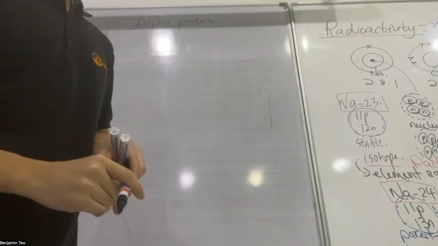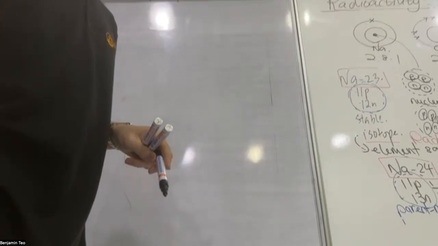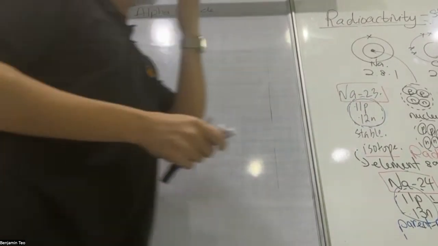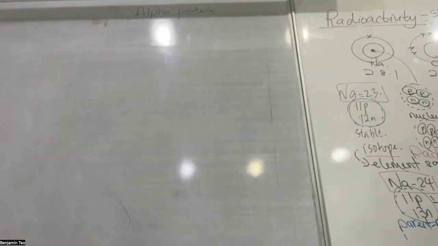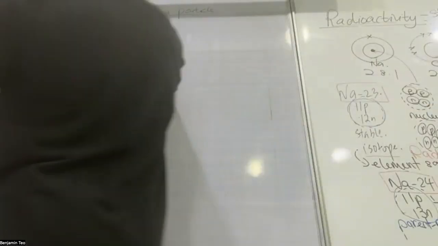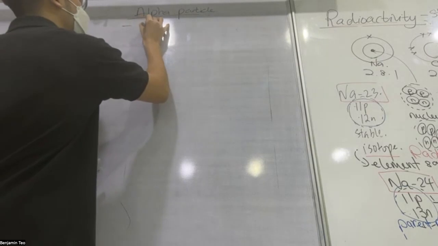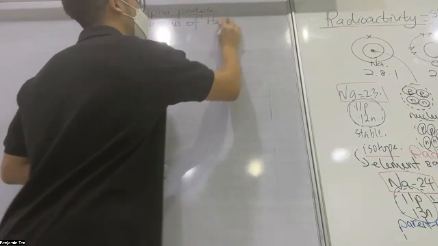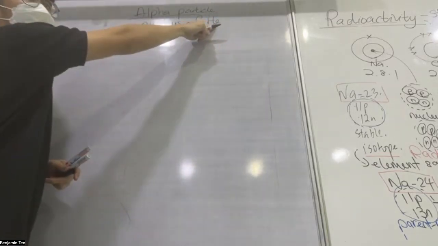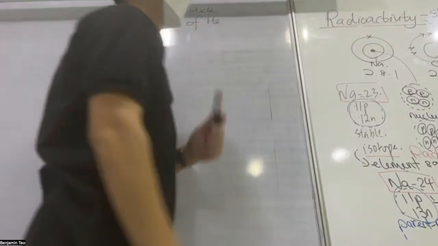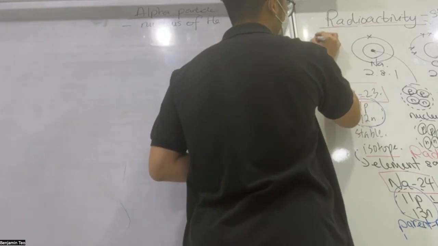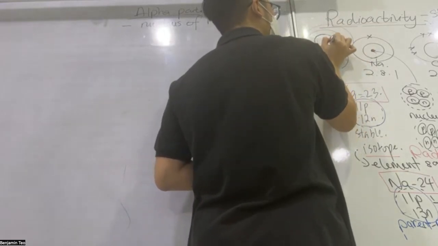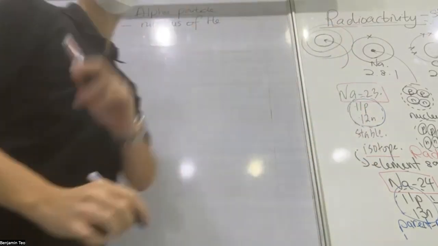Alpha particle. 听了吗？Alpha particle. Okay, alpha particles. It is the nucleus of He helium. Okay, 就是如果你拿 helium, this is helium, and then you have the electron. The nucleus of the helium, we call it as alpha particle.